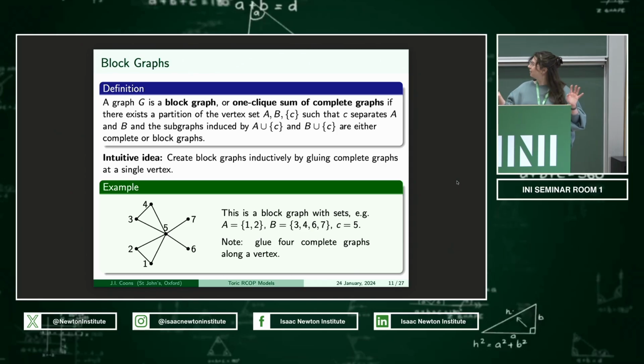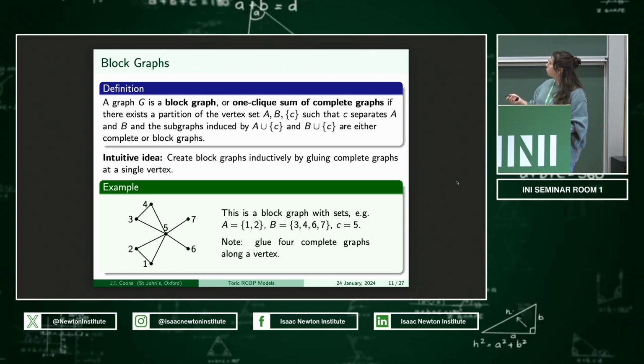That's a recursive definition and a lot to digest. A better way to think about it is that you can create a block graph by repeatedly gluing cliques at a single vertex: take a clique, pick a vertex, glue another clique to it, pick a different vertex, and keep gluing.